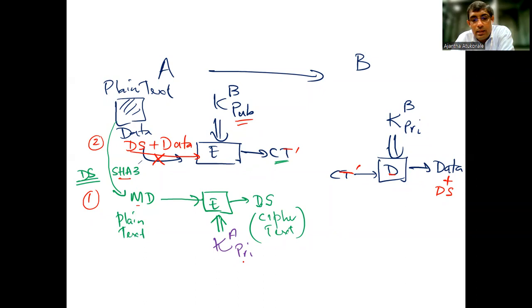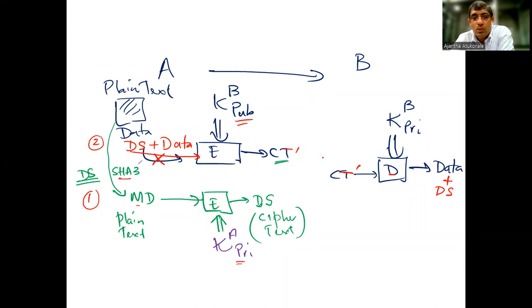Encrypt using the private key of the sender and get the digital signature. Now get the digital signature plus the data together. The whole thing has to be encrypted with the receiver's public key, and then you get a ciphertext. I put ciphertext dash because now the digital signature has also been added compared to the previous step.